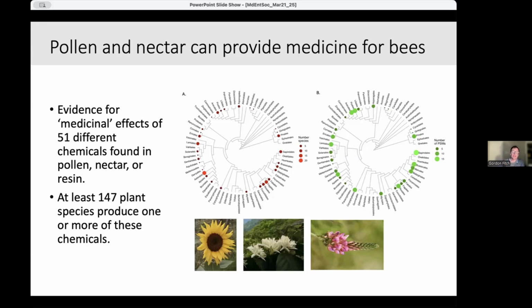At least 147 plant species produce one or more of these chemicals, including the ones shown here, like sunflower and coffee. And these figures show just the evolutionary relationship among plant species. And so you can really see that they're distributed widely across the plant kingdom.